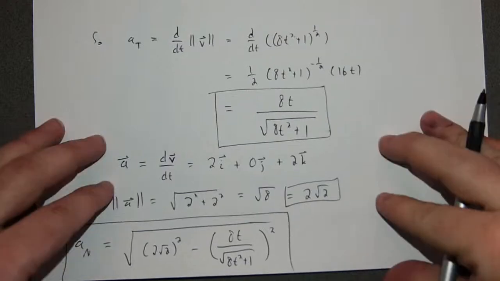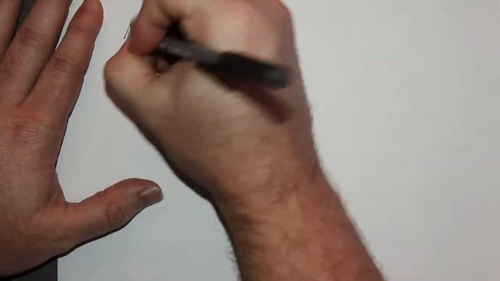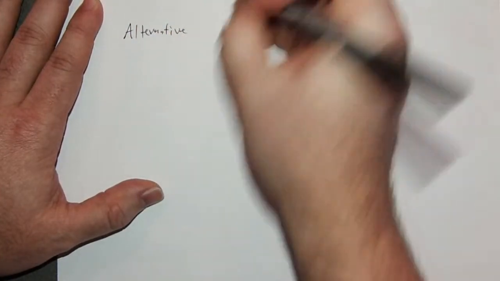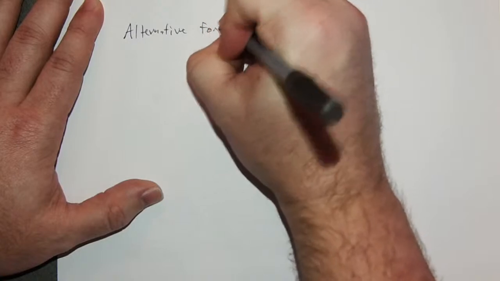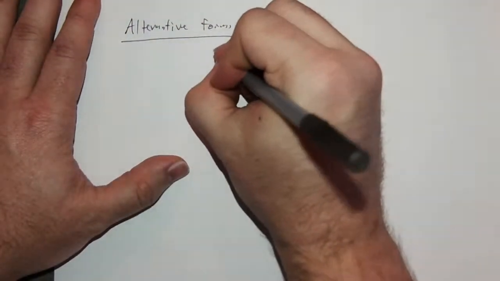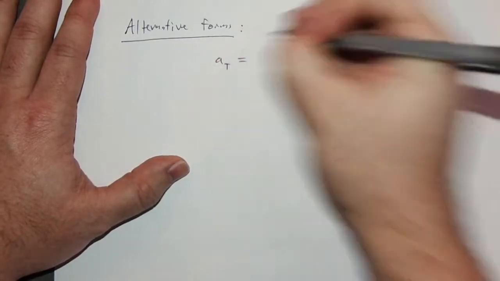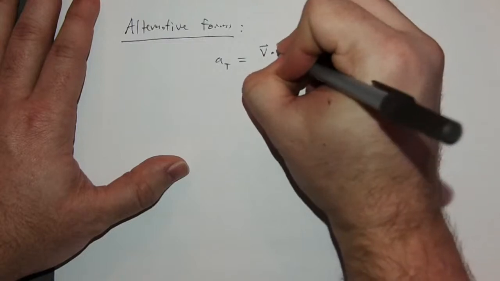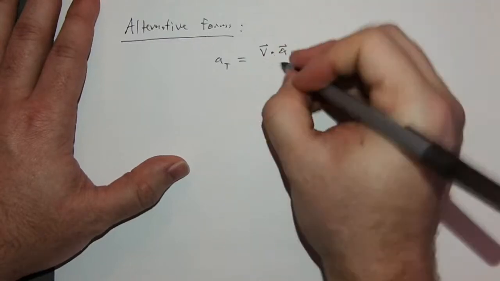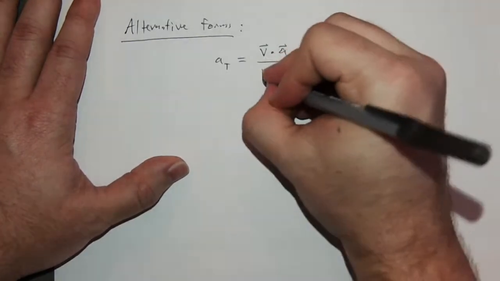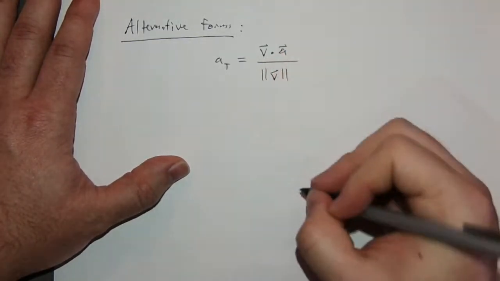Okay, so alternative forms. Here are some alternative forms that can sometimes be easier to remember or quicker to use. These are exactly the same. I'll leave it to you to figure out why these are exactly the same. The tangential component of acceleration can be computed as dotting velocity and acceleration and dividing by the speed.